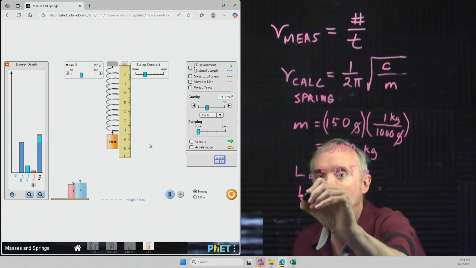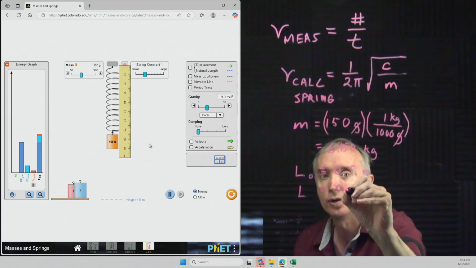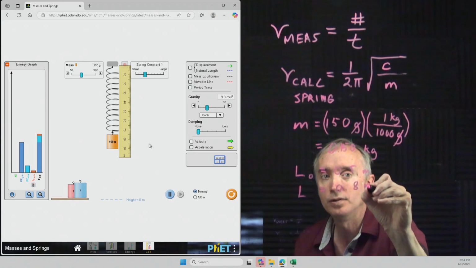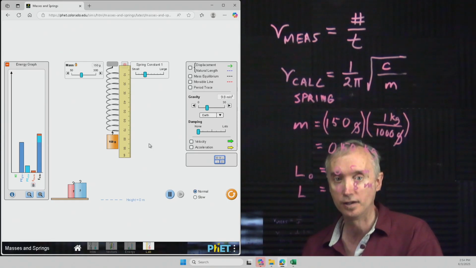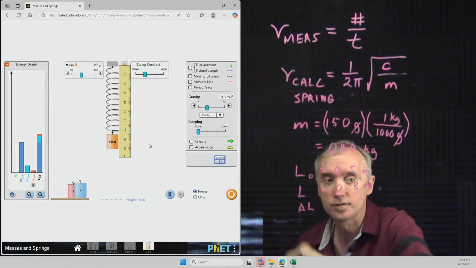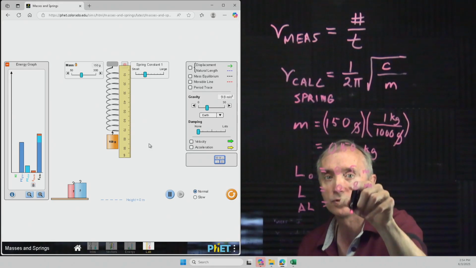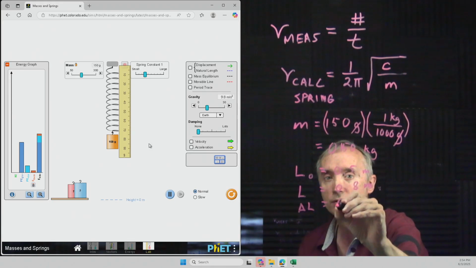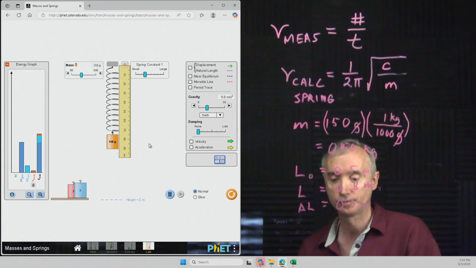So L, the new length, is going to be 0.8 meters. Now we need to find the change in the length of the spring. So delta L, the change in the length, is we're going to take these two numbers and subtract them. So we get 0.3 meters.